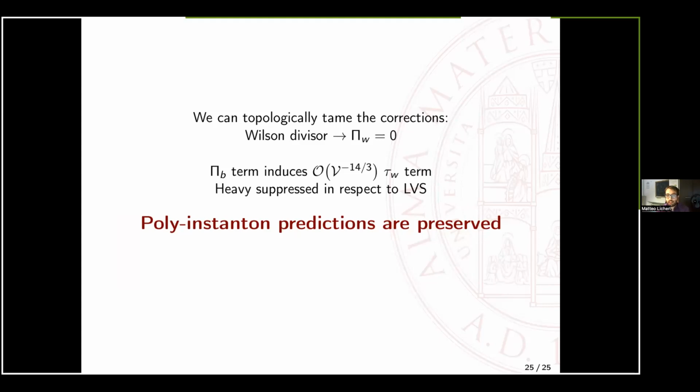And in regard to the big cycle induced terms, they scale as the volume to the minus 14 thirds, which are much more suppressed than the scale of LVS. So they will not play any role. In the end, we can ignore them. So we can say by this analysis that poly-instanton predictions are preserved by the F to the 4 correction.